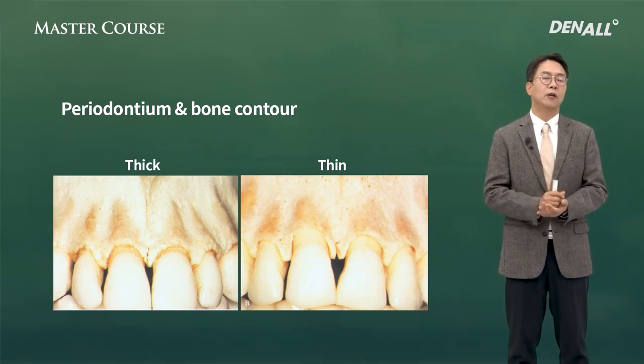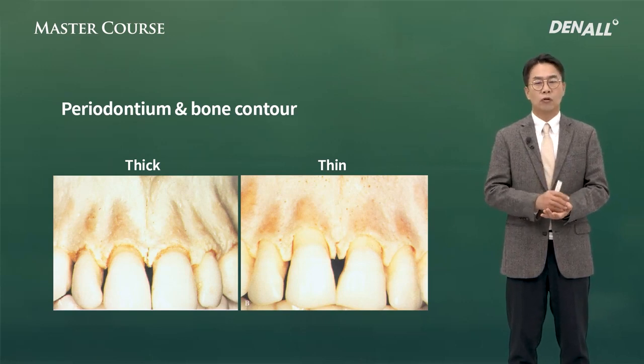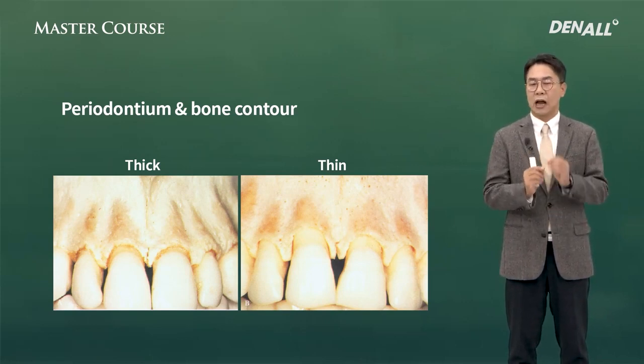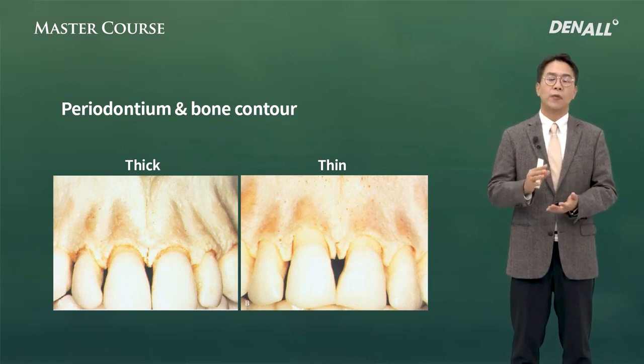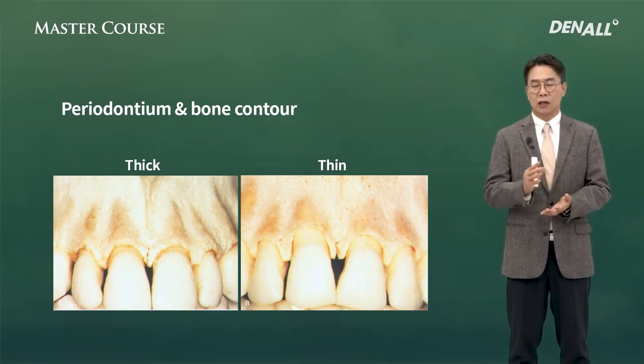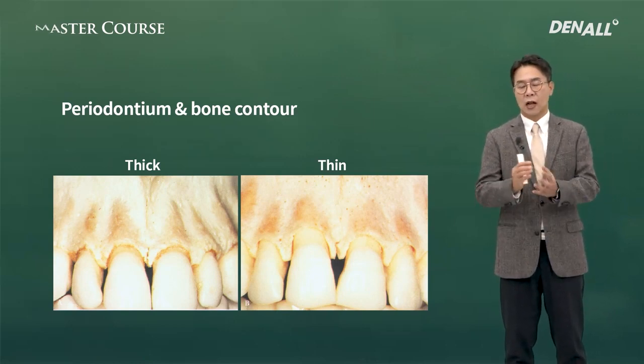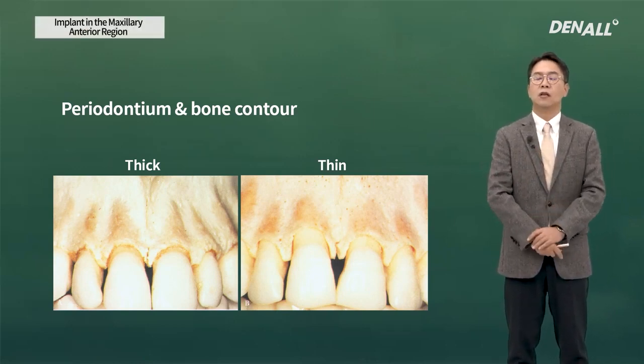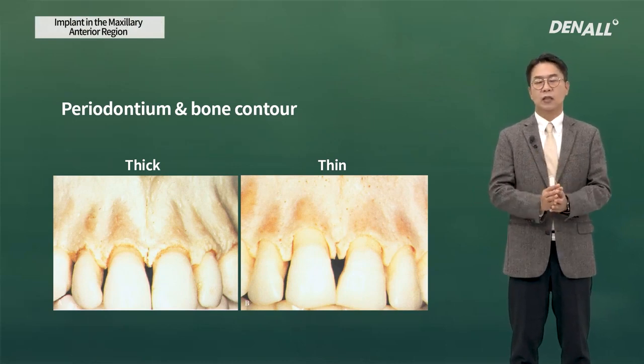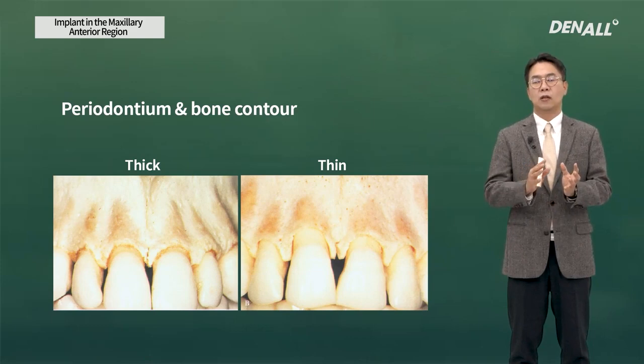If the shape is triangular, we can expect the bone contour below it would be very thin, and the gingiva would be very thin scallop type. That's something we should know, and the information should be used when we place an implant or make a prosthesis so that aesthetic results can be achieved.